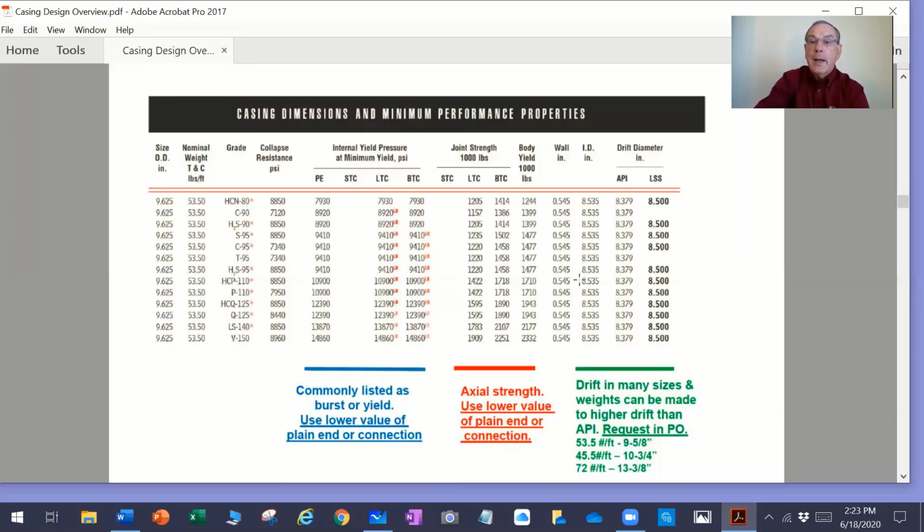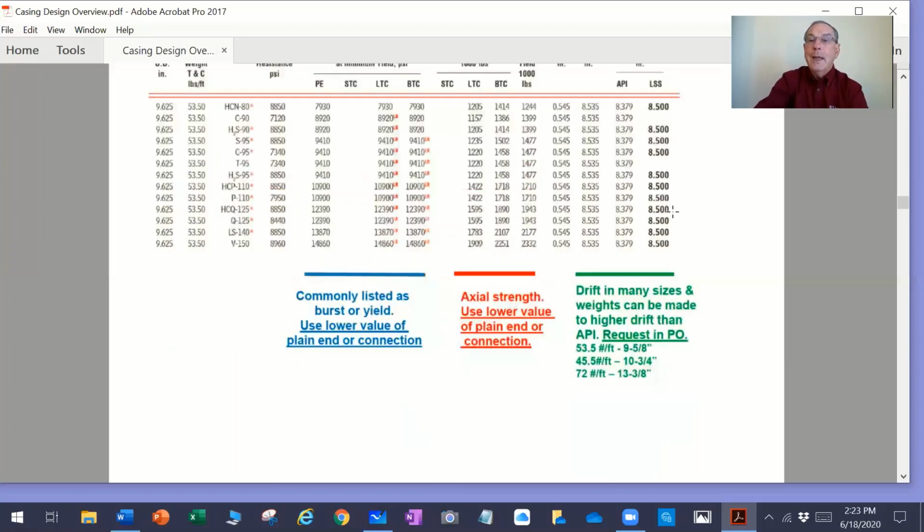All right. Now, I also want to bring your attention to API. This is your ID of the pipe, 8.535. The API drift are these numbers, and then these are special drift. For many casing sizes, because of better manufacturing processes, they can make casing that has better quality than API.